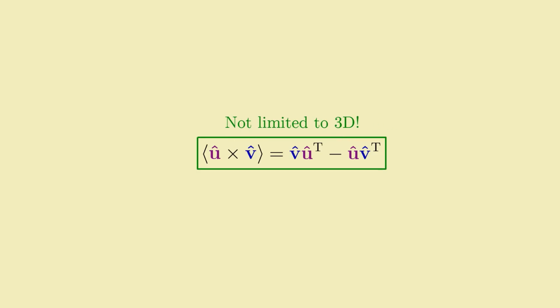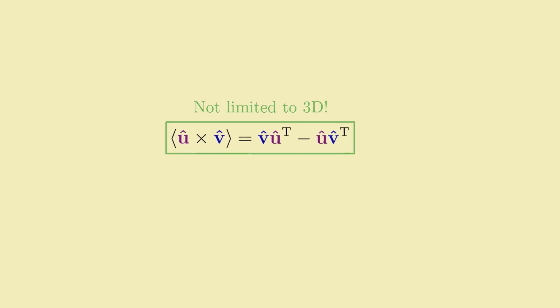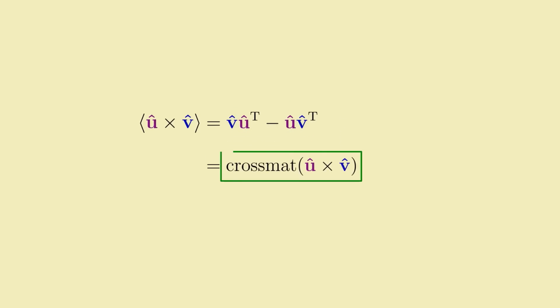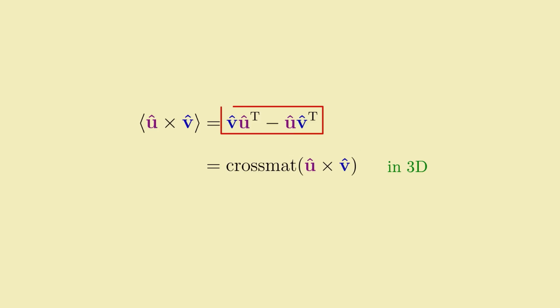It just so happens that in 3 dimensions, the tilt product can be interpreted as literally calculating the cross product matrix of a literal cross product. But in other dimensions, we can simply take the entire expression as a whole to refer solely to this difference in outer products, which doesn't care about the dimension of the vectors. So in some sense, this characterization is probably more fundamental than the cross product one.